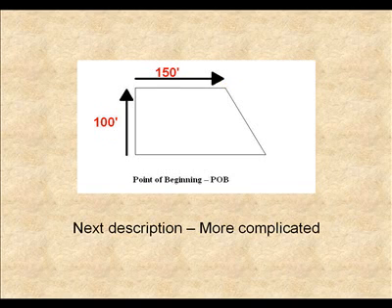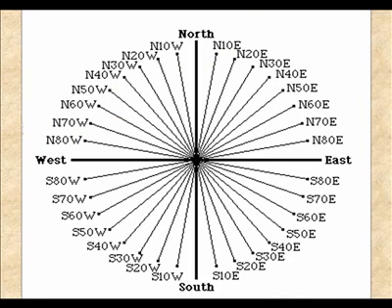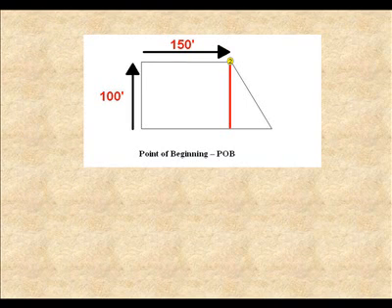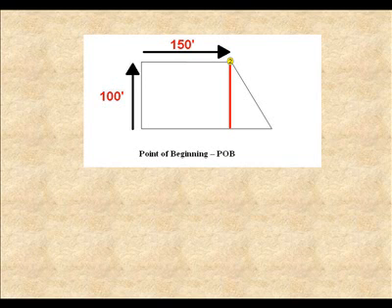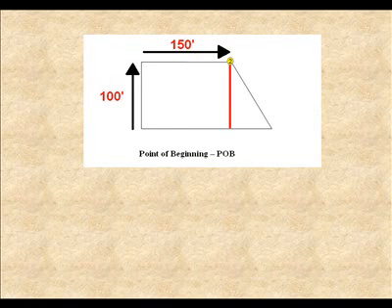The next description is a bit more complicated, so please listen carefully. To measure angles, a surveyor will use a compass which is divided into 4 equal quadrants, and then the specific degrees are measured. In our diagram, draw an imaginary straight line from the monument to the bottom boundary line.